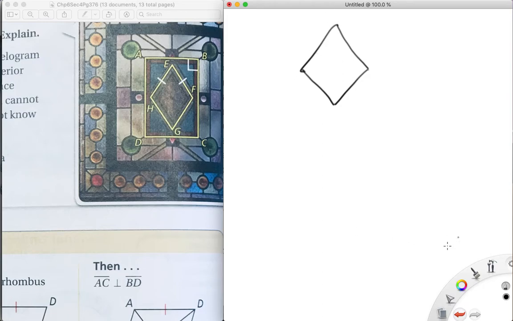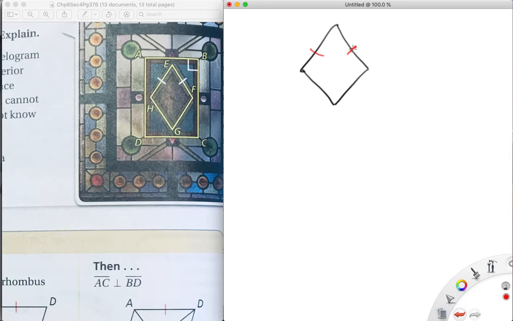So our EFGH, right? We're told that it's a parallelogram. We know that it's a parallelogram at least. But we need to find out what type of parallelogram it is. We know from the theorem, I think it was 6.5, that if it's a parallelogram, then opposite sides are congruent.